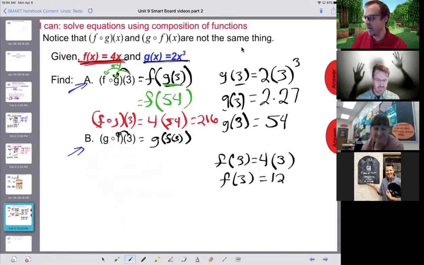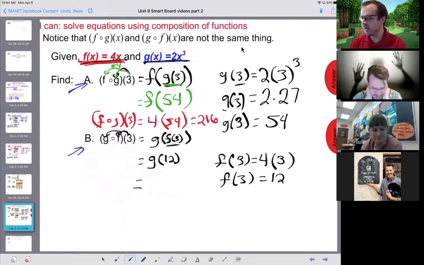And now that we have that, we are going to take 12 and substitute that into g. So g of 12. Again, just replacing f of 3 with that. What is g? g of x is 2 times x to the power of 3. Remove the x and plug in a 12 in this case.